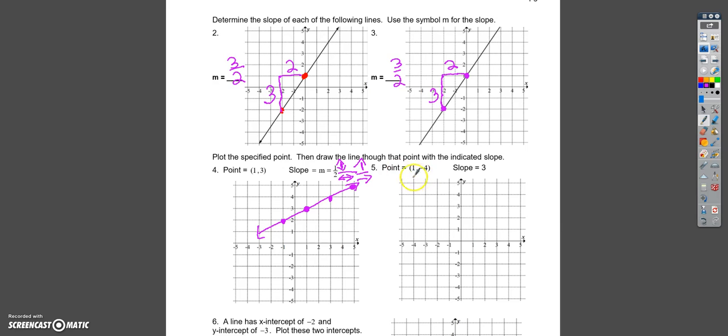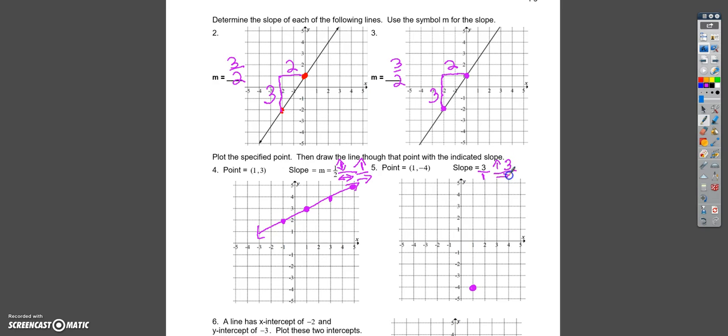This one, here's our point, start at 0, positive 1, negative 4. It's right here. Our slope is 3. Well, that has a rise, but we don't have a run. But we can make that into a fraction by putting it over 1. So positive 3 says we're going to go up 3.